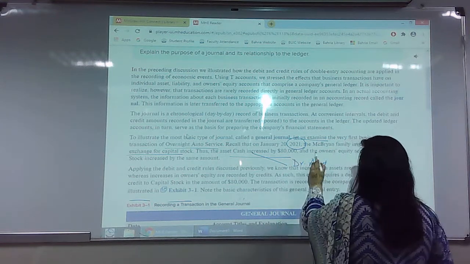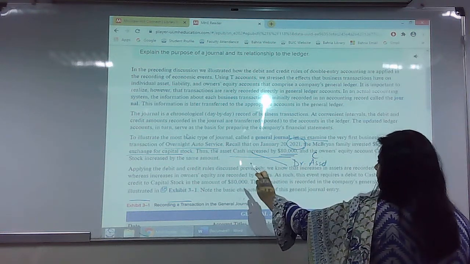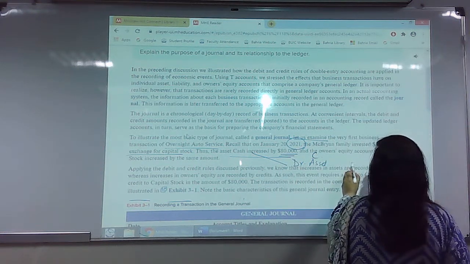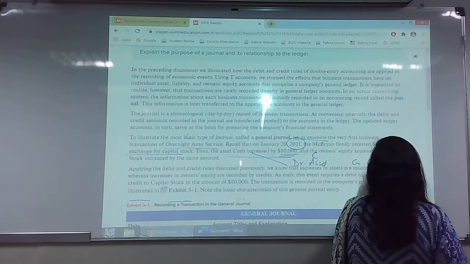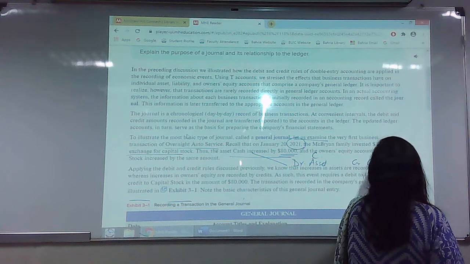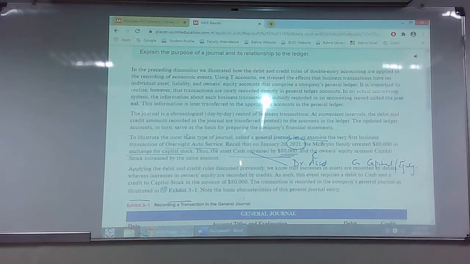This is the current asset, and this is cash, which is 80,000, and the owner's equity account, capital stock, is also increasing, so we are going to be crediting capital or equity. So the statement, you can just look at it, it's like this.